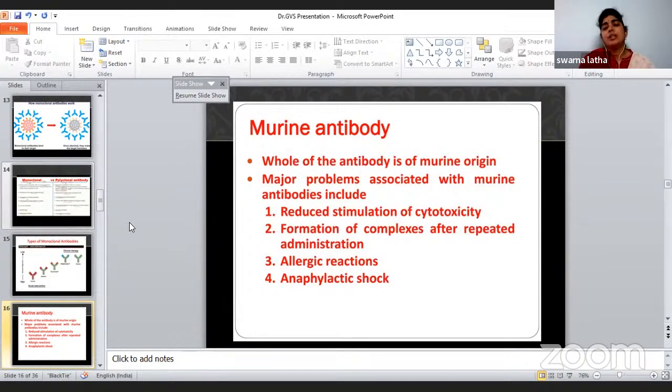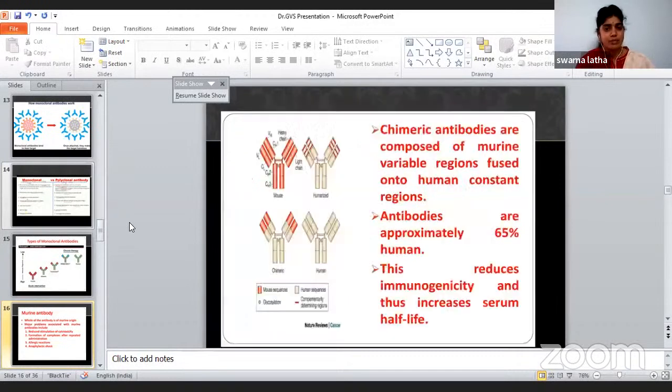So the antibodies generated from the murine source are completely mouse based. That's why we call them murine antibodies, and this type of antibody may sometimes show allergic reactions because it comes from a mouse source, right? So it has positives and it also has some limitations.